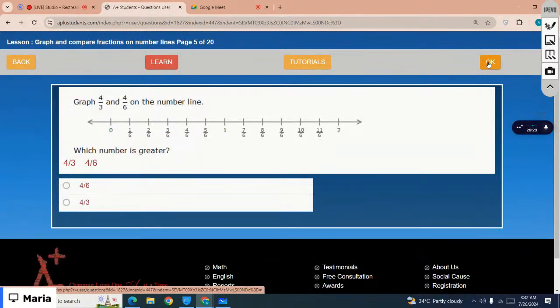Graph 4 by 3 and 4 by 6 on the number line. Which number is greater?